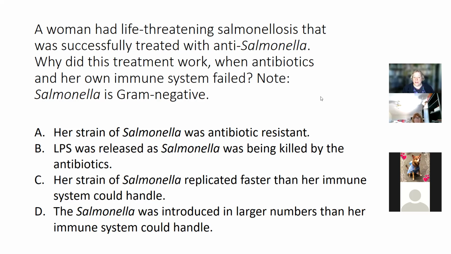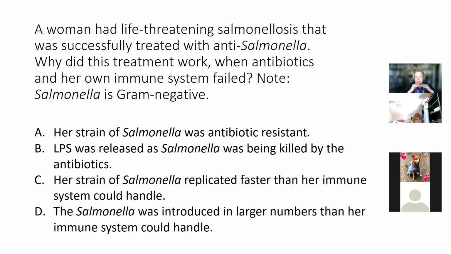The favored answer was Salmonella was introduced in larger numbers than her immune system can handle. Yes, that is a definite possibility. So going back to the chapter on epidemiology, remember infectious dose. You have to have a certain number of Salmonella. And by the way, the infectious dose varies for each pathogen.